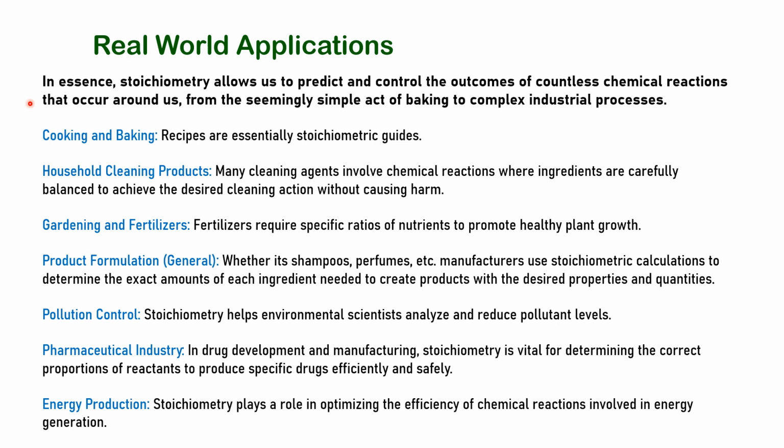Our next example is pollution control. Stoichiometry helps environmental scientists analyze and reduce pollutant levels. For instance, calculating the efficiency of a pollution control device in a car or industrial setting relies on stoichiometric principles.